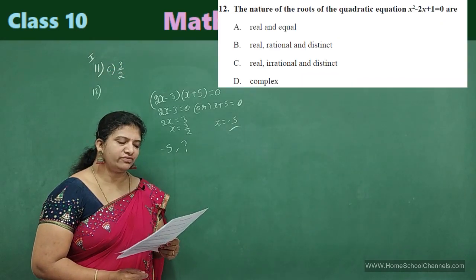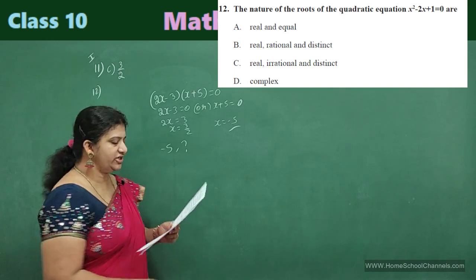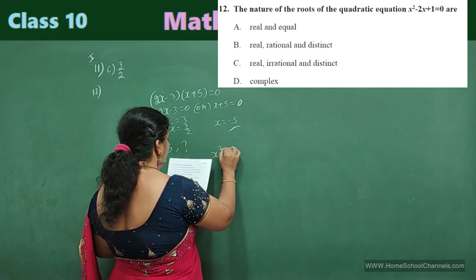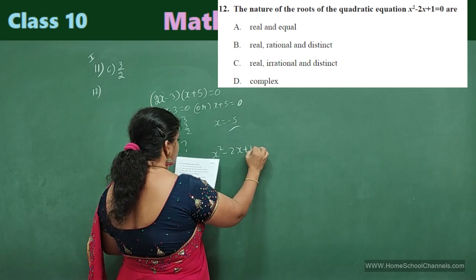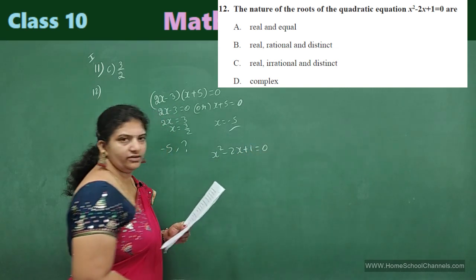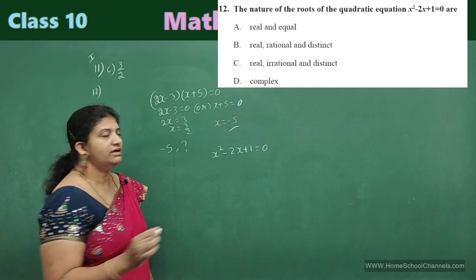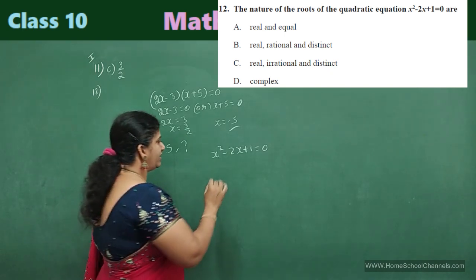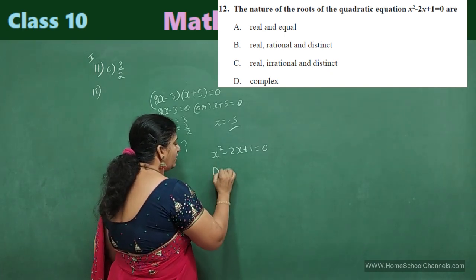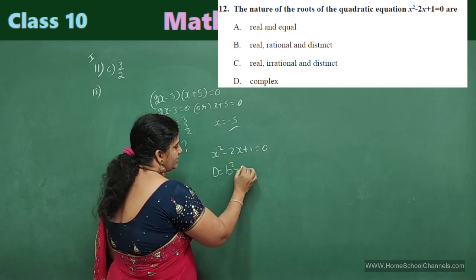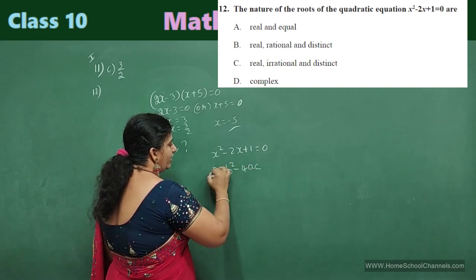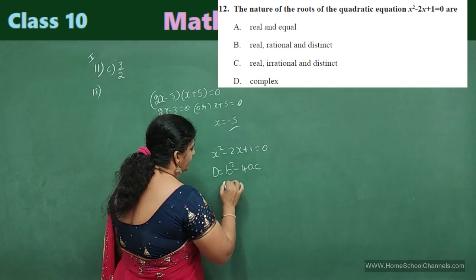12th one. The nature of the roots of the quadratic equation x square minus 2x plus 1 equal to 0 are... What is the nature of the roots? Nature means you remember discriminant. Discriminant is equal to b square minus 4ac. D or delta equal to b square minus 4ac.